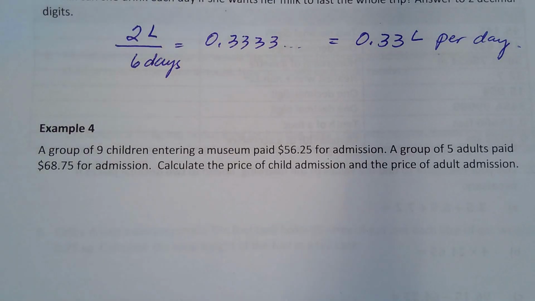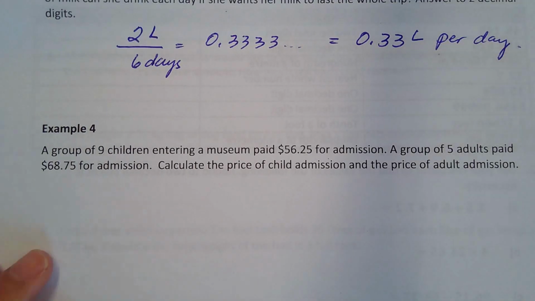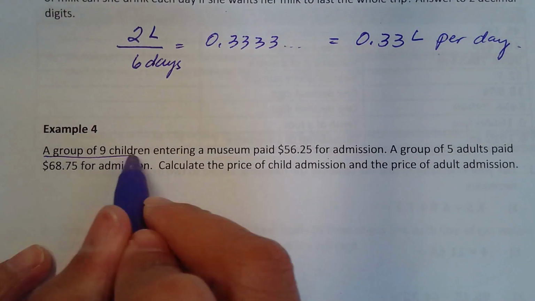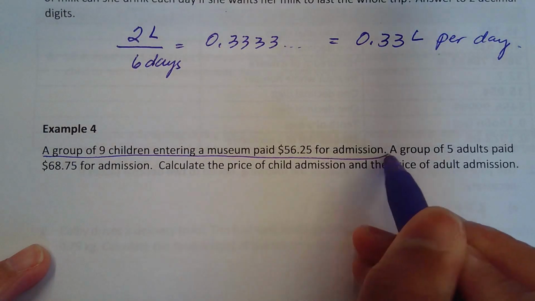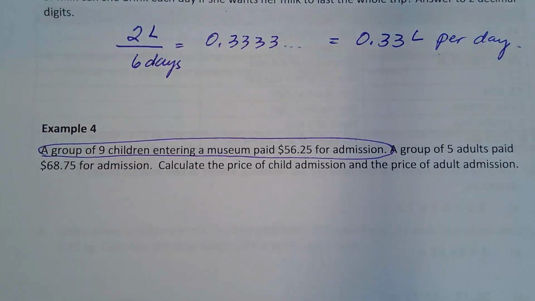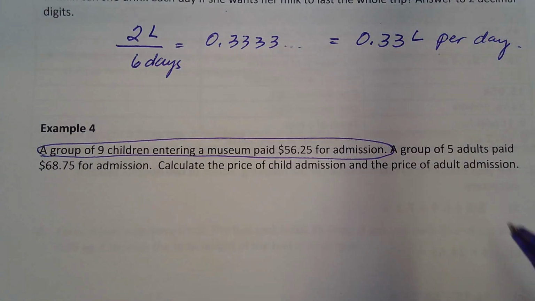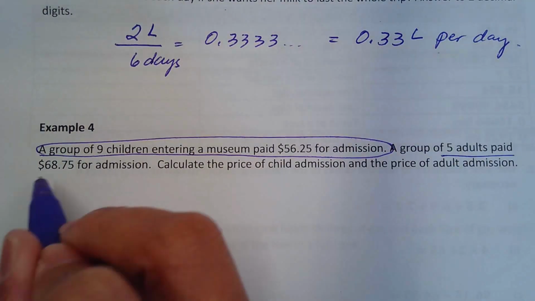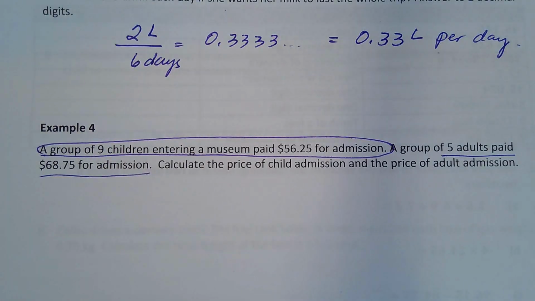Calculate the price for a child and the price for an adult. So 9 children for $56.25, and then 5 adults paid $68.75. How much is each child and each adult?